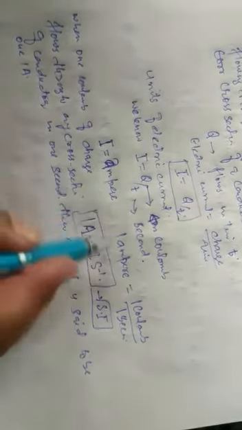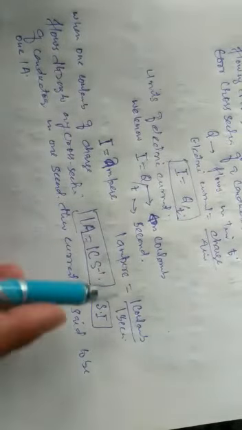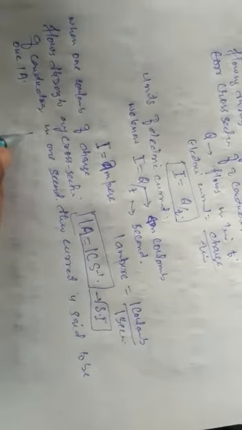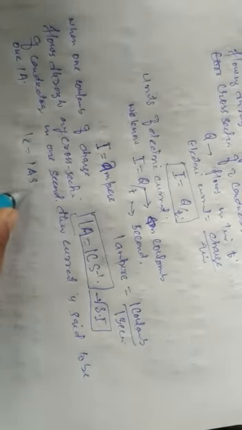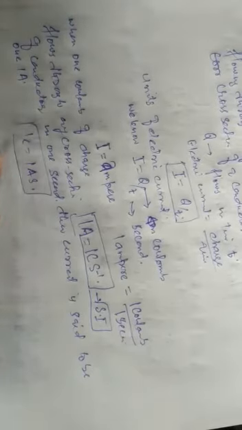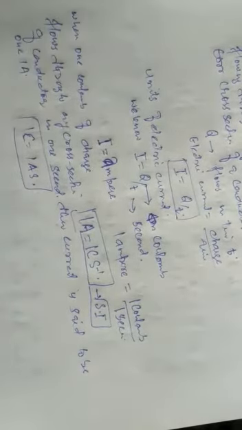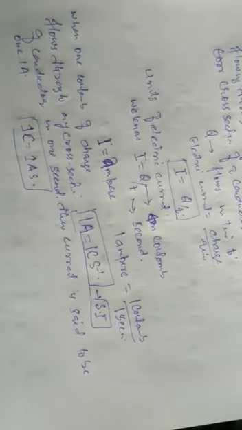Or you can also define 1 coulomb. 1 coulomb is equal to 1 A into S. So charge is said to be 1 coulomb when a current of 1 ampere flows through a cross section of a conductor in 1 second. 1 C is equal to 1 A into S, where A is ampere and S is for the time.